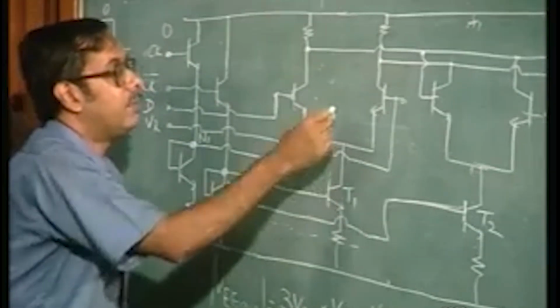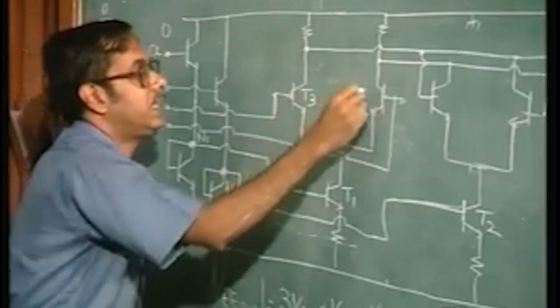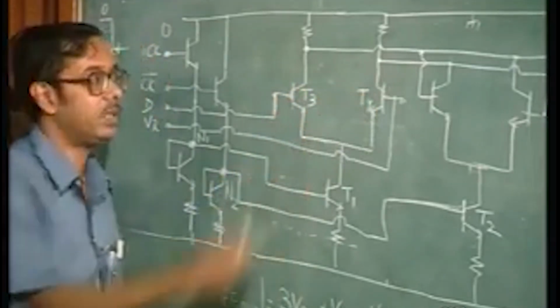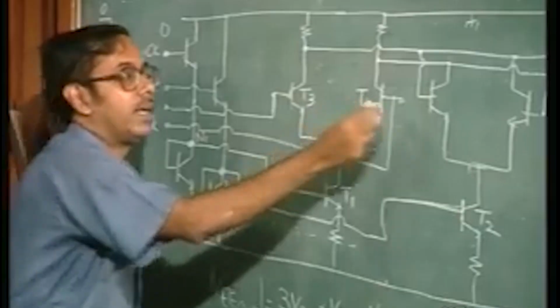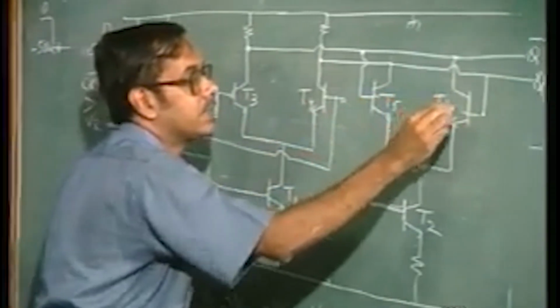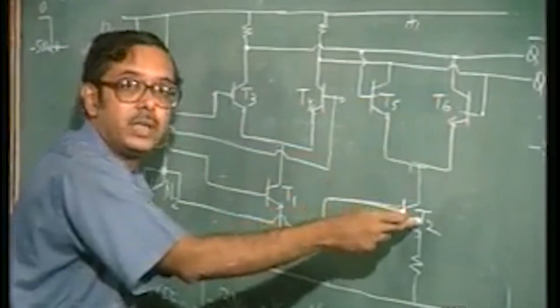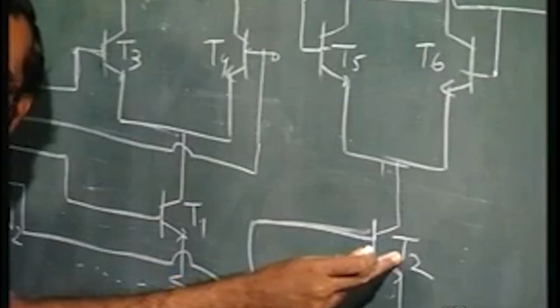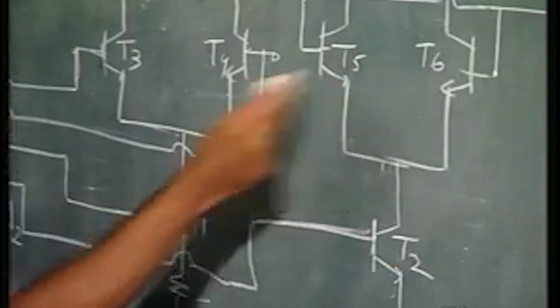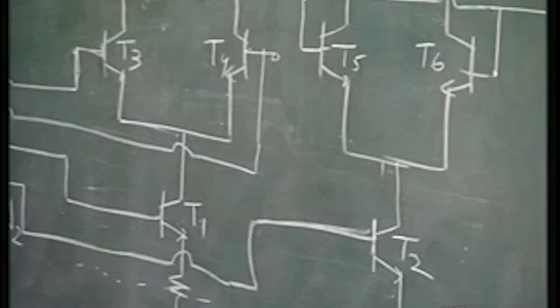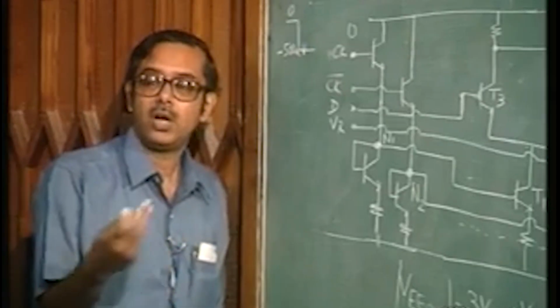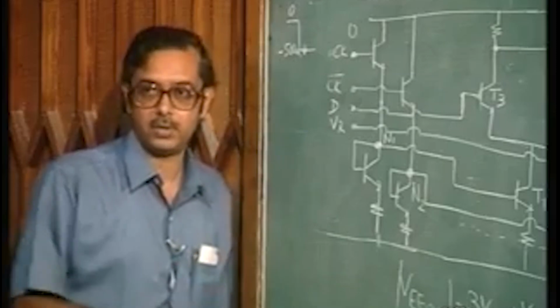That is how transistors T3 and T4 can be on, whereas T5 and T6 will be off because T2 is carrying very little current. So T5 and T6 will remain off, T3 and T4 will be on. Now, in this case, what is the maximum value of the power supply voltage?